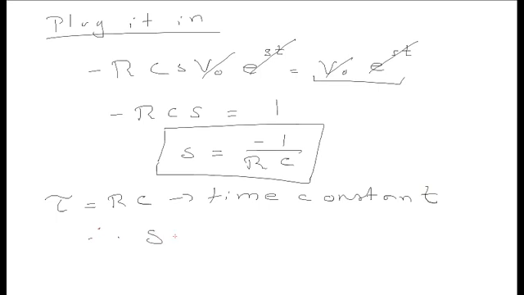Therefore, s is negative 1 over tau. And Vc as a function of t is V0 e to the negative t over tau.